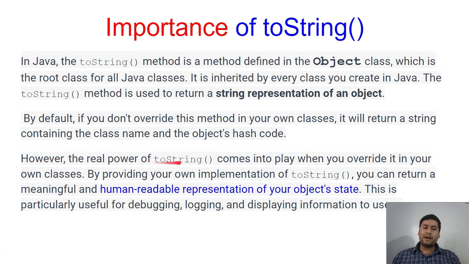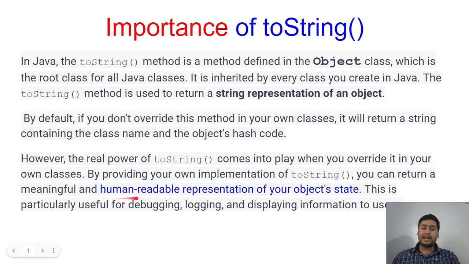However, the real power of toString comes into play when you override it in your own classes. By providing your own implementation of toString, you can return a meaningful and human-readable representation of your object. This line is very important.